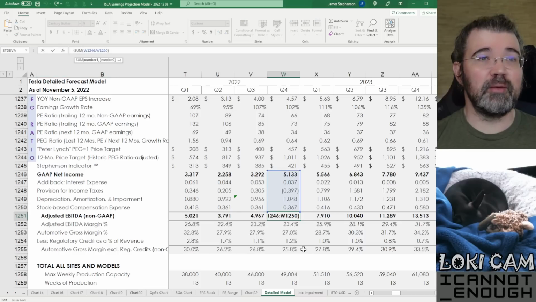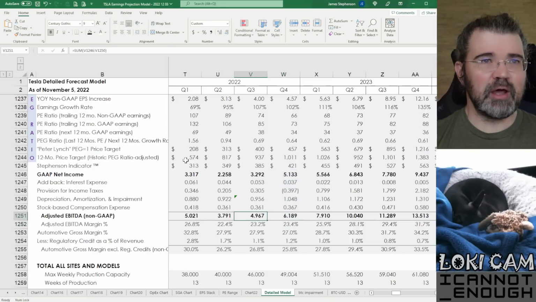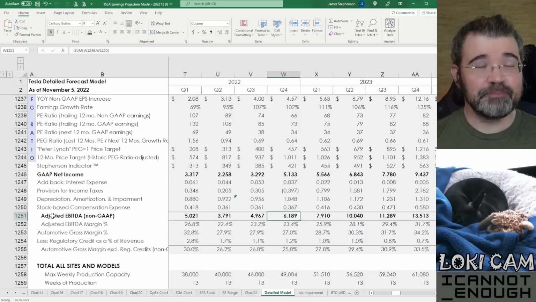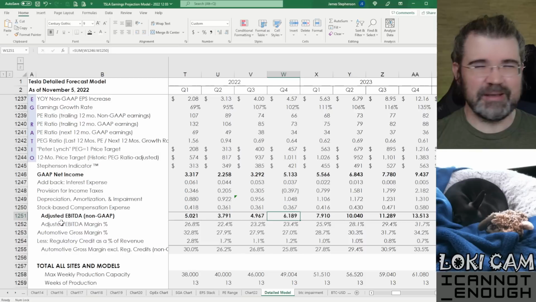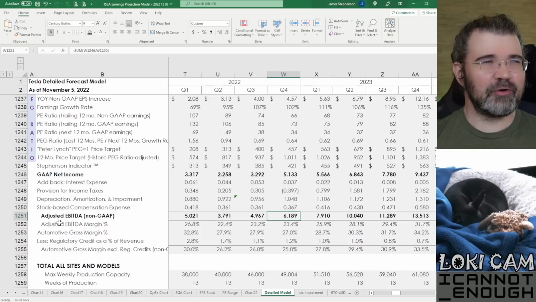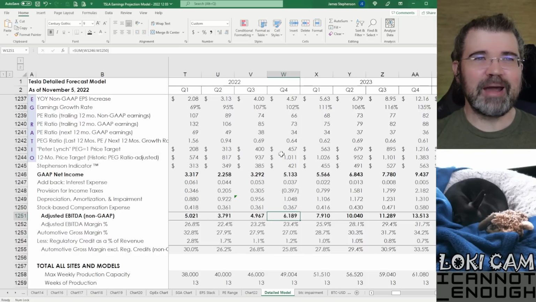So what's this formula doing? It's taking the sum of these items. So what does EBITDA stand for anyway? It stands for earnings before interest, taxes, depreciation, and amortization. What does before mean in that acronym? It means you have to back them out.